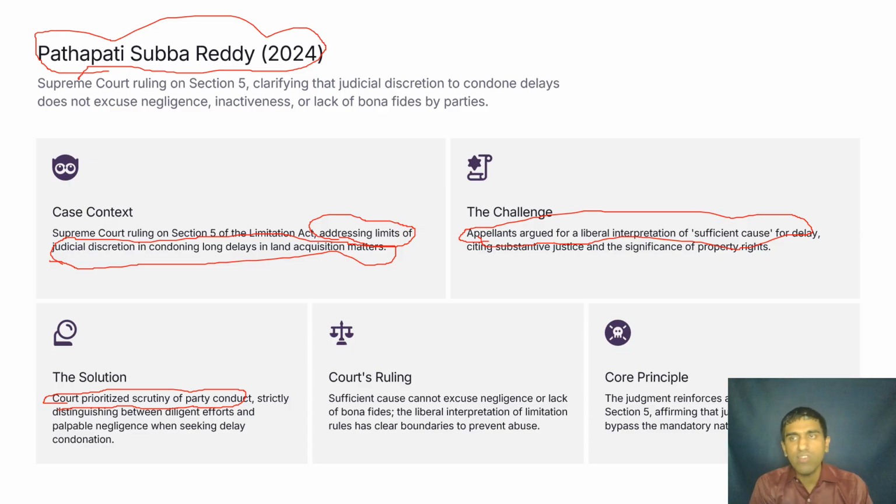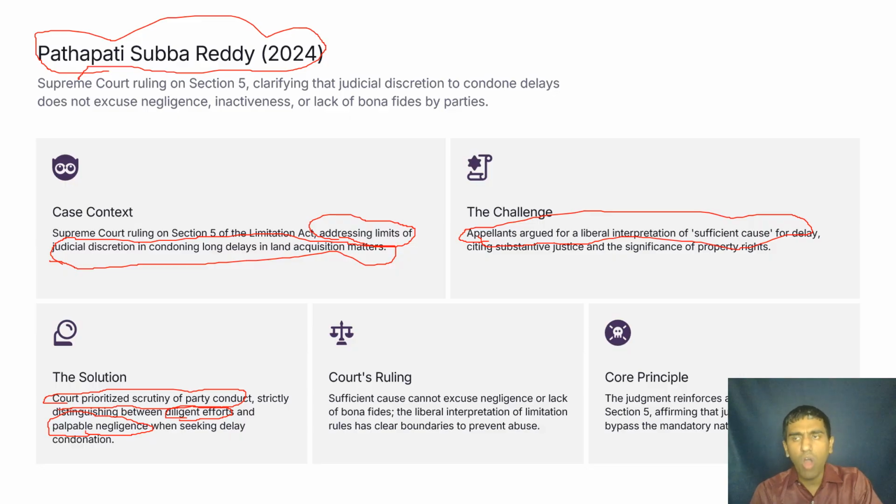If you were genuinely aiming to establish a right of property, then you should have pursued it diligently, without unreasonable delay or laxity or negligence on your part. There is a difference between efforts made diligently, with sincerity, and negligence, which is extremely visible when you are seeking delay condonation.